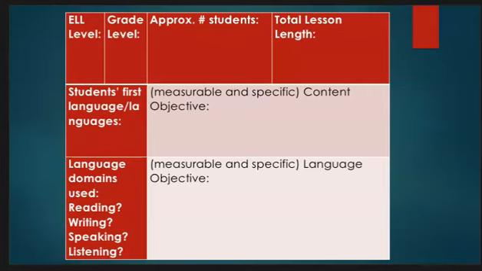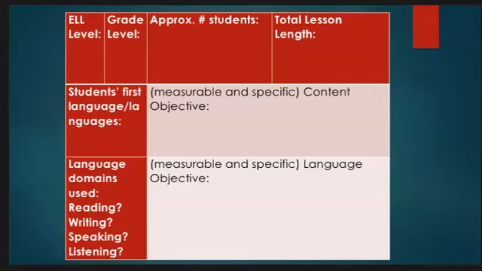But you might look into what languages are spoken in the neighborhoods where you think you'd like to teach. Language domains that are used. So are they utilizing reading, writing, listening, speaking? Which ones is this lesson focused on?